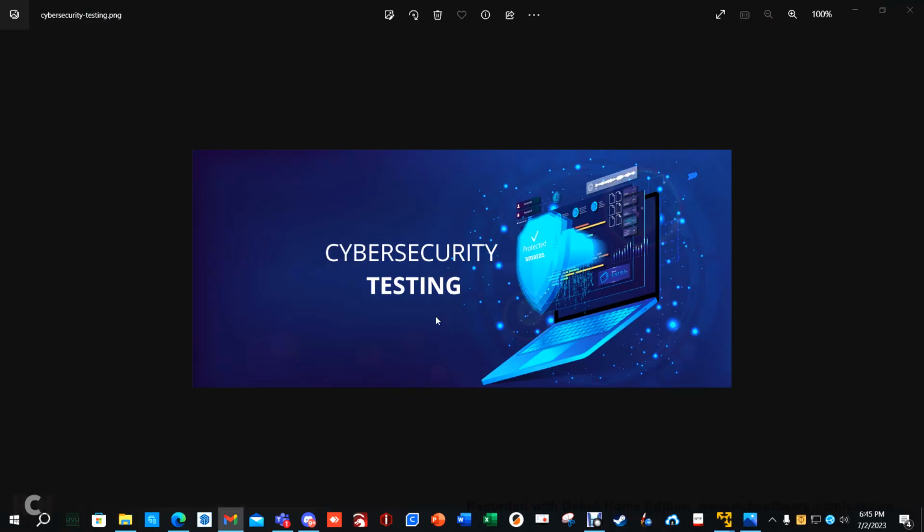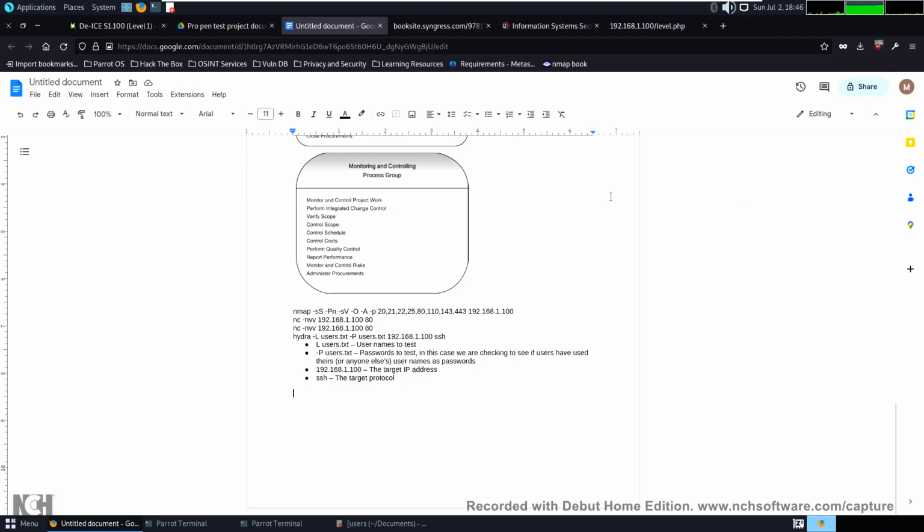Let's check this out. Okay. Oh, yes. I forgot something that I added to the notes. Where am I? Right here. Okay. This. L is the user text, this is usernames as a text file. P is the password text.